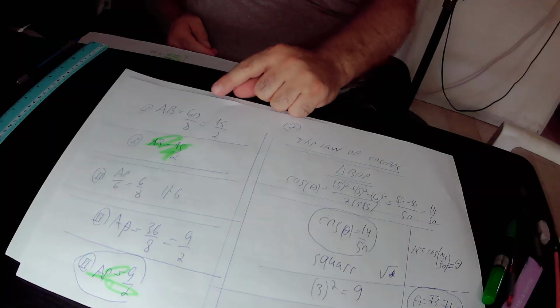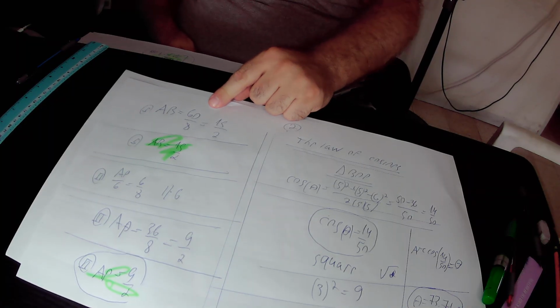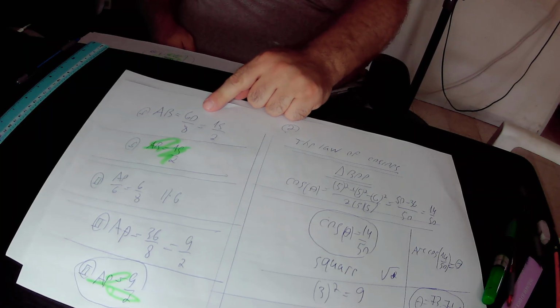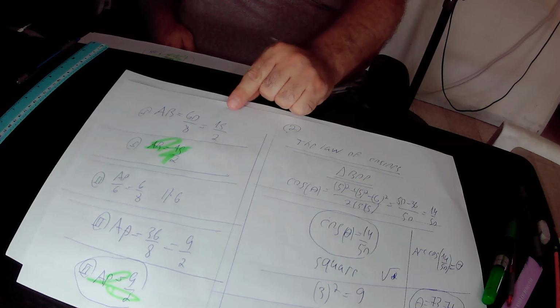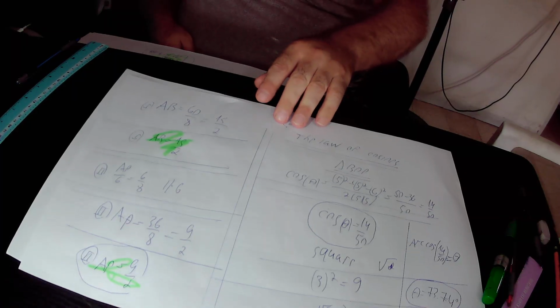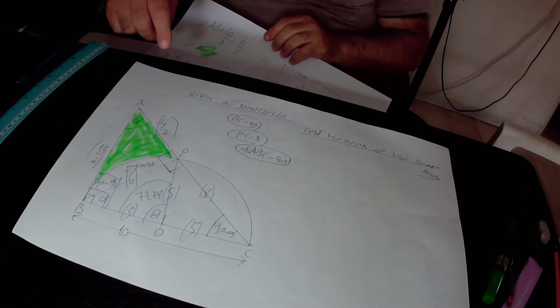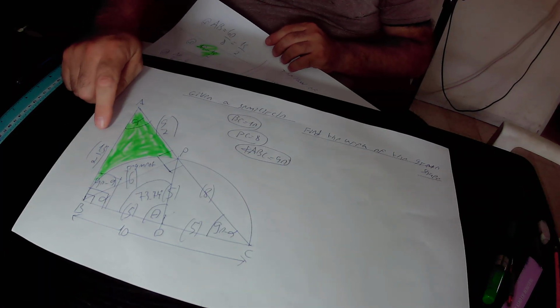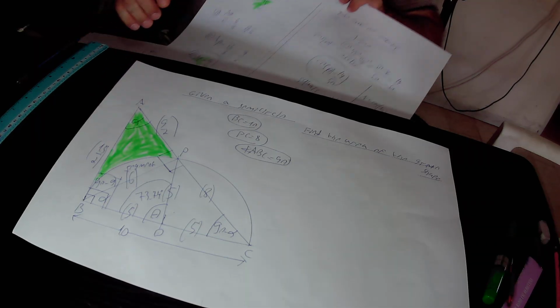So AB equals 60 over 8. Here we divide both the numerator and the denominator by 4. 60 over 4 is 15, and 8 over 4 is 2. So in total, AB equals 15 halves. So side AB equals 15 halves units in its length.